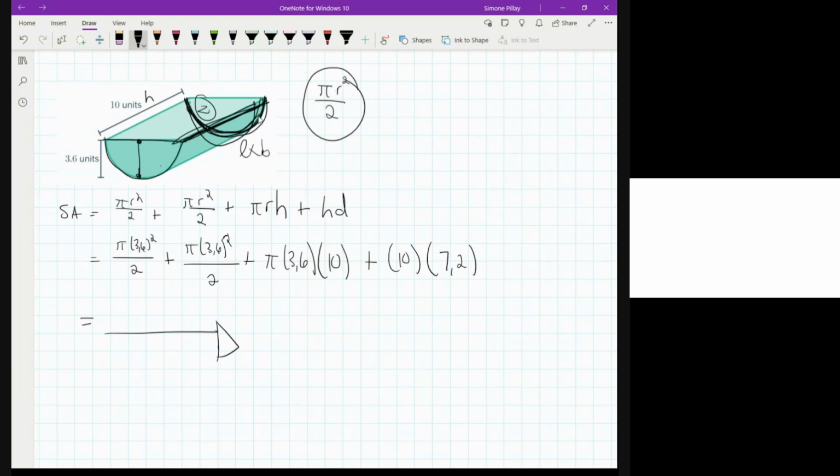So how do I calculate what this is going to be? This is going to be equal to the circumference of my circle. Do you see that? Yes, ma'am. But it's not the circumference of a full circle. It's the circumference of half of my circle. So my circumference is going to be 2 pi r multiplied by my height, which is this. Remember when we dealt with the cylinder, we said we're going to multiply it by the height of the shape. So that's why I just used this variable of h.